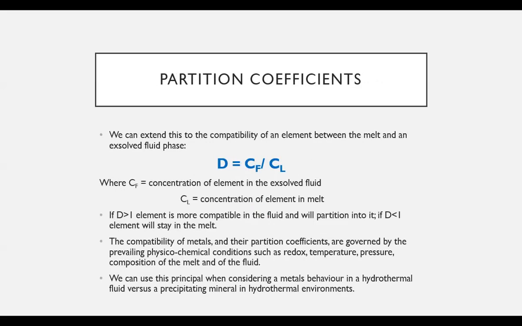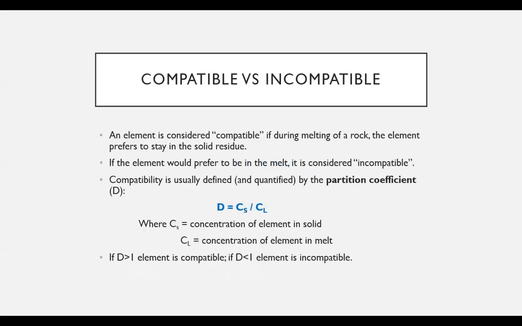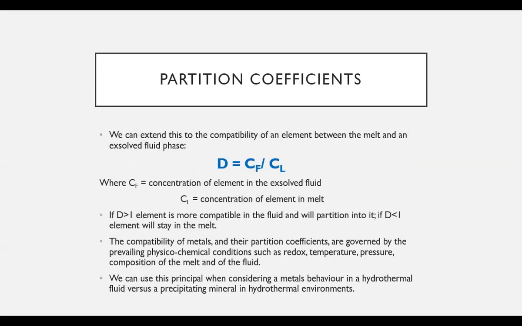So this can be extended to the fluid phase, like I discussed. We might just change the subscripts to an F, and the concentration of the element in the melt. So if we're looking from the egress of fluid out of a magma, if it's greater than 1, it's more compatible in the fluid, it likes to be in the fluid, and it'll partition into that fluid.